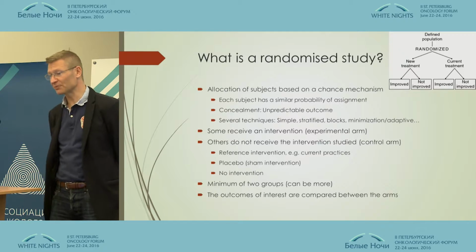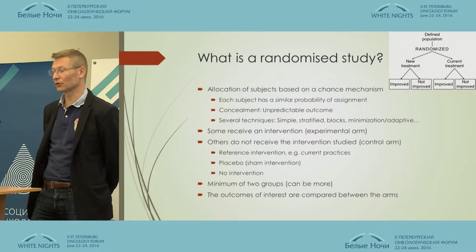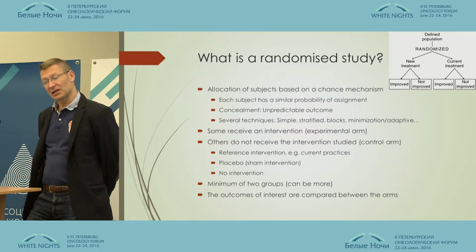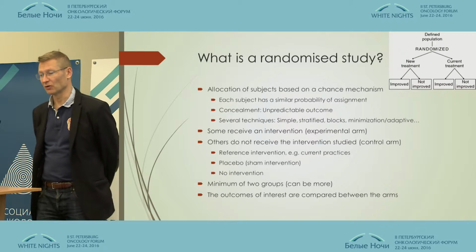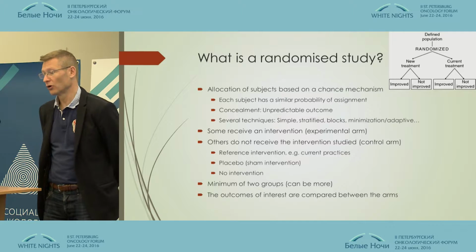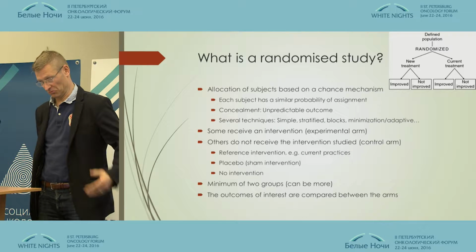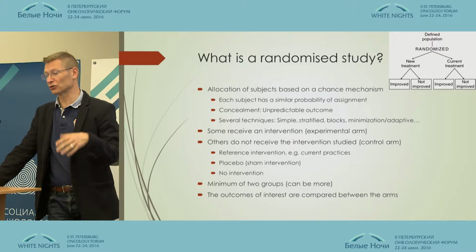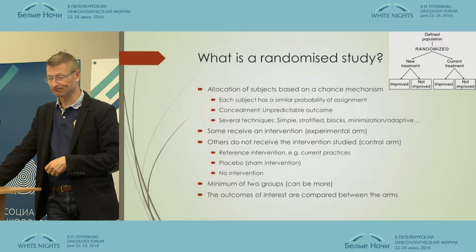So we have a chance mechanism, and the idea is that there should be a similar probability of assignment to each subject. This doesn't mean necessarily that everybody has a 50-50 chance. So it could be also something like 1 to 2 or another kind of probability, but still for each subject. And in some cases, it could even be divided into strata, into groups, so that there is similar probability.